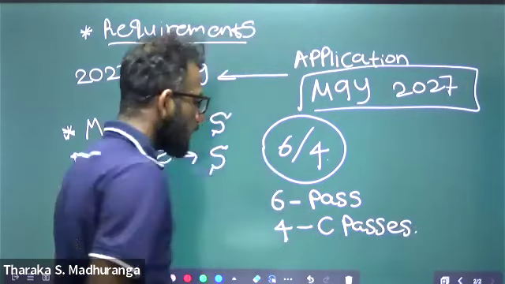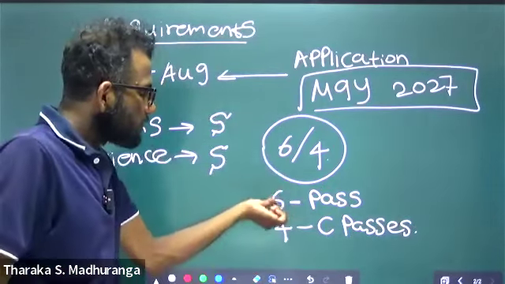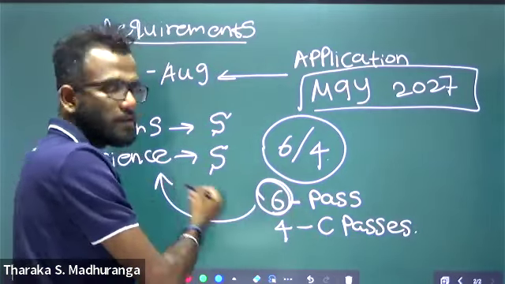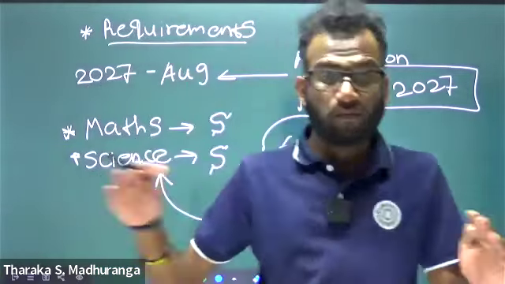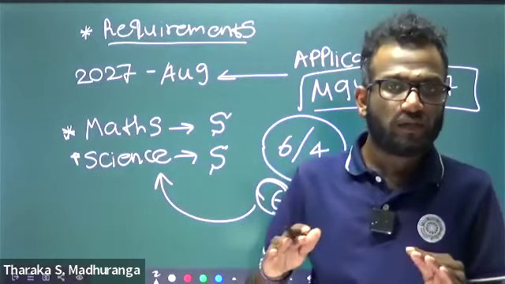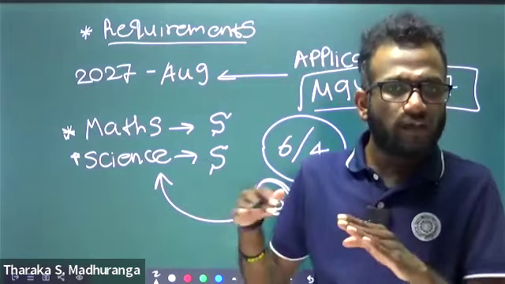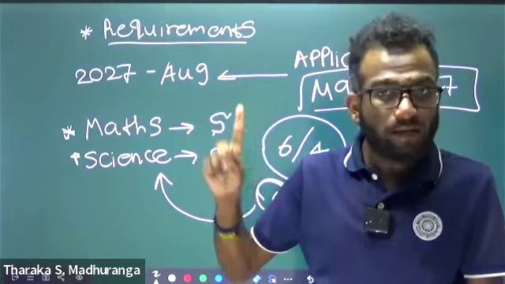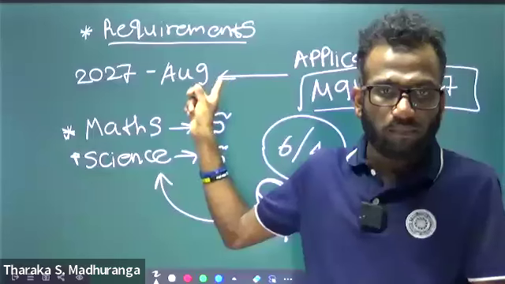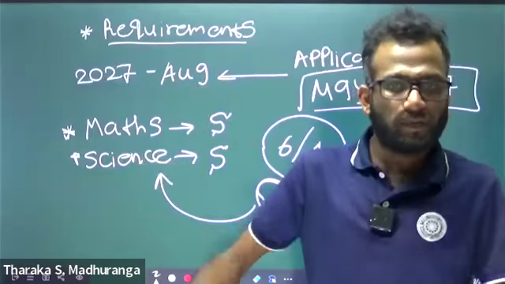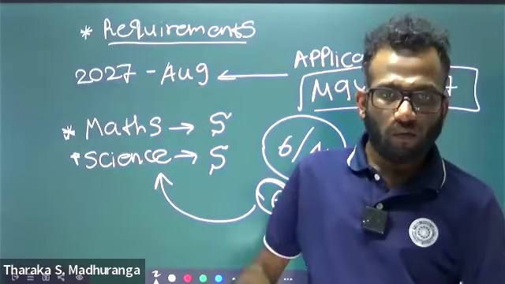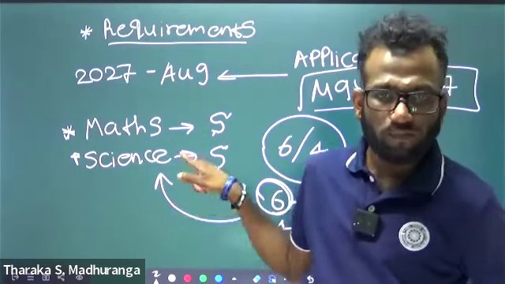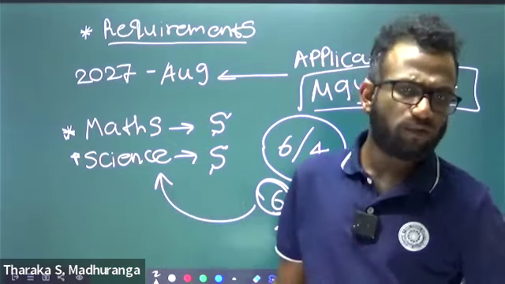Among these 6 subjects, you must compulsorily pass science and maths. If you do not pass science and maths, you can't apply for A level. If you haven't fulfilled this requirement at the time the application opens, you can't apply for the exam.